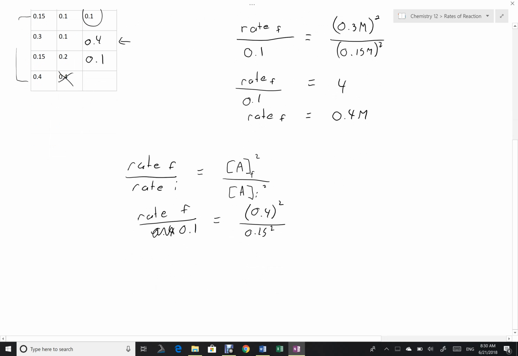And I actually have to use a calculator for that one because it's not just doubled. 0.4 squared divided by 0.15 squared. So that works out to 7.11. So my rate in my final situation is going to be 0.711.